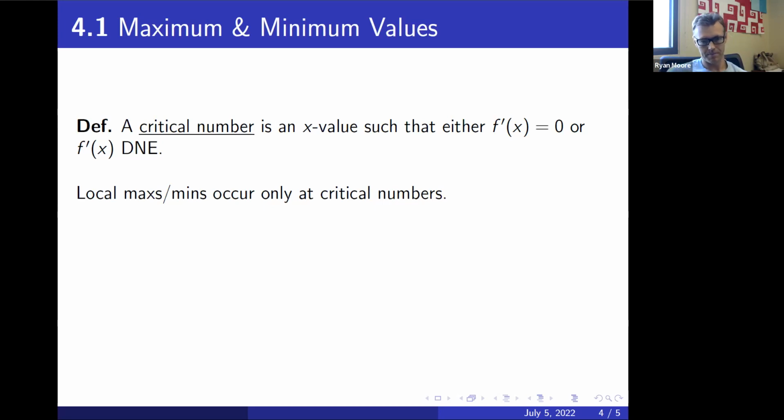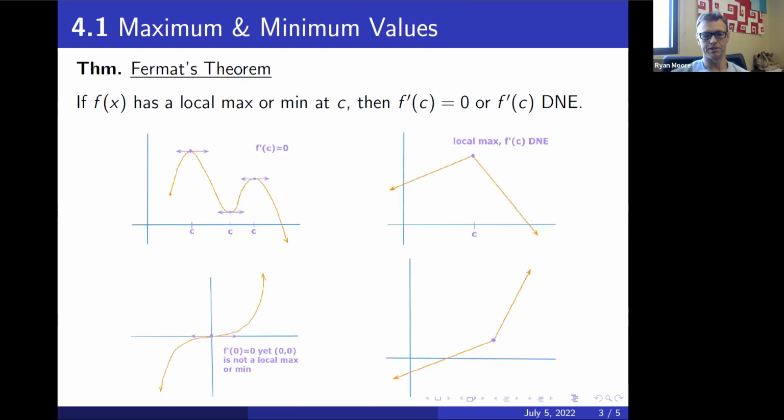However, critical numbers might also contain points that are not local maxes and mins, as we saw in the last couple of drawings. So if I jump back really quick, in this first drawing, all of these c's would be critical numbers because the derivative is 0. This would be a critical number. And this would be a critical number.